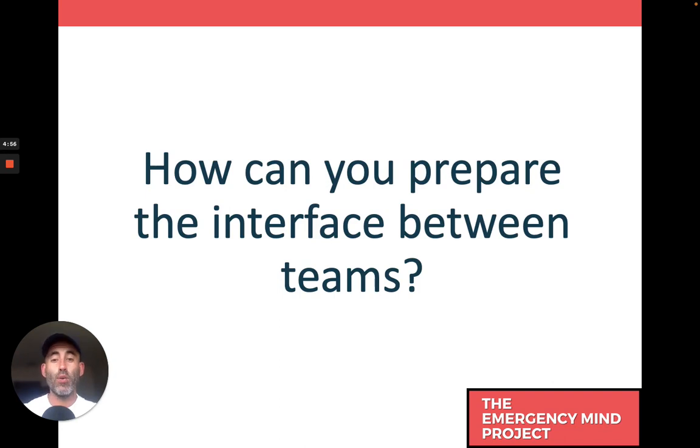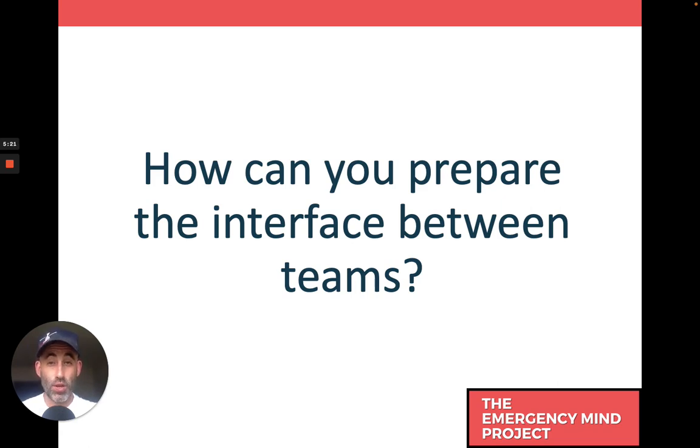Well, the question is, how can you prepare the interface, right? SMASH team success is all about preparation. What do you do right now in your individual team to set yourself up to be part of a SMASH team? How do you practice? How do you get ready to perform in that SMASH team environment? Then outside of your team, how do you negotiate what this boundary is going to be like? In other words, you're trying to set up a handshake between 2 really sophisticated teams here.